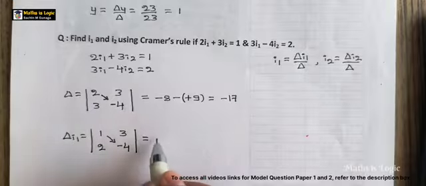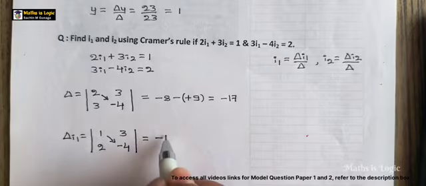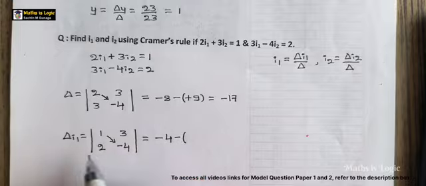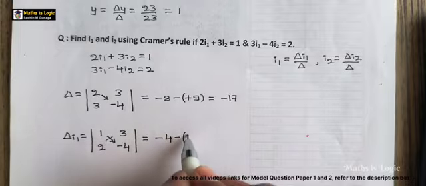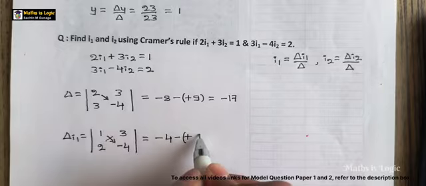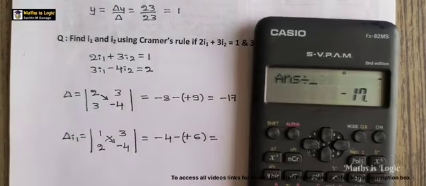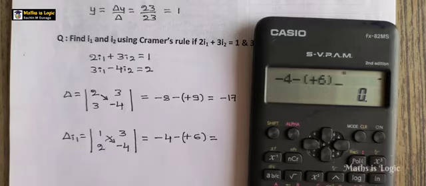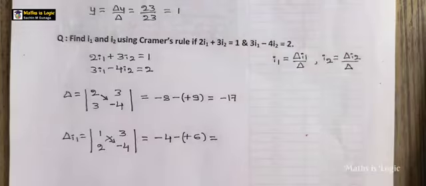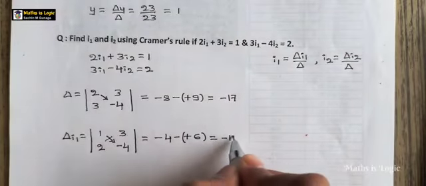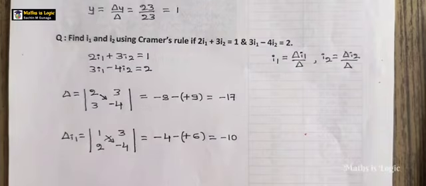Plus into minus is minus, 1 into 4, 4, middle minus sign, plus into plus is plus, 2 into 3 is how much here? 6, which is equals to, therefore minus 4 minus of in bracket plus 6, minus 10. So write minus 10.